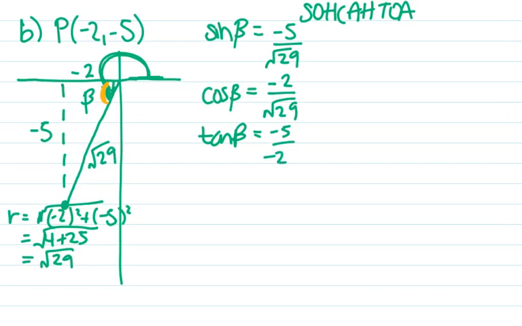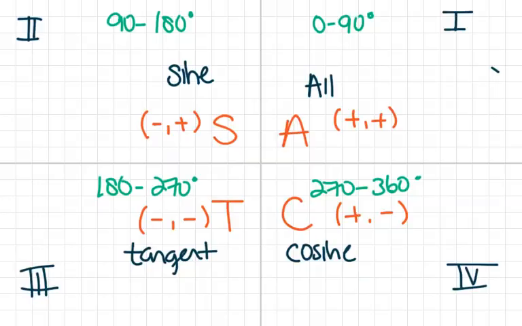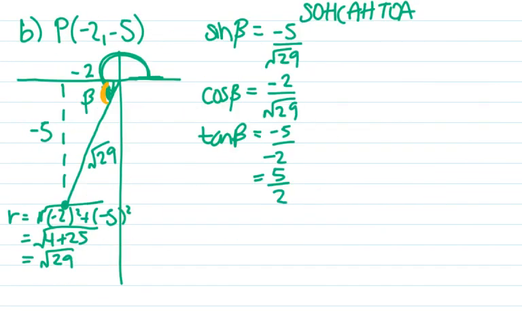Now those negative signs would cancel out, so 5 over 2. Now that makes sense because I'm in quadrant 3 here, and in quadrant 3, let's go back and look, here, tan is going to be positive. Of my 3 trig ratios, tan is the only one that's positive, and that makes sense.